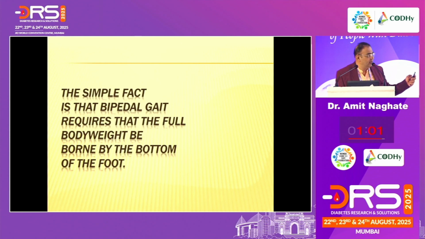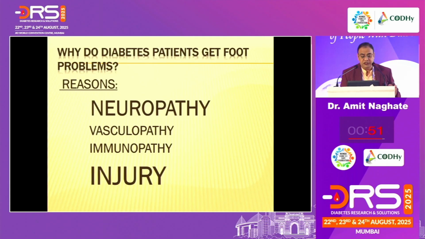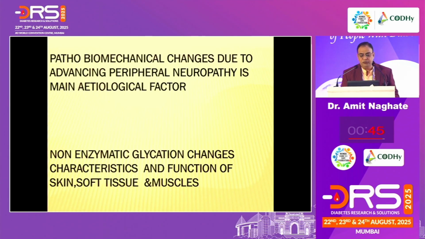The simple fact, I will just take two minutes, is that the bipedal gait requires high weight bearing on the bottom of the foot. Everybody knows that neuropathy, vasculopathy, immunopathy and injuries are the most common problems which the diabetic patient faces.